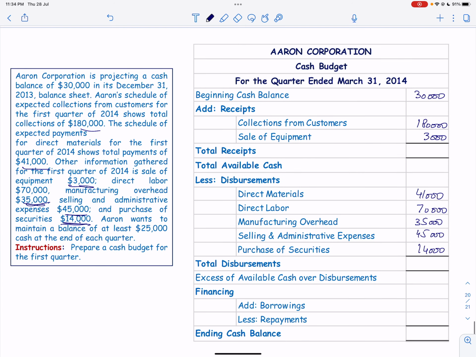So the total disbursements are 205,000. Now we have the total receipt of 183,000 and the total available cash is 213,000.